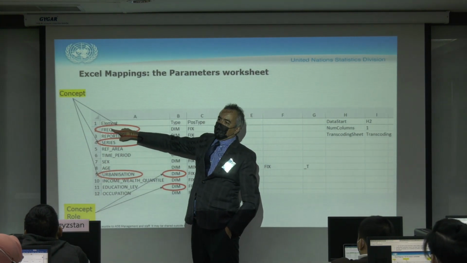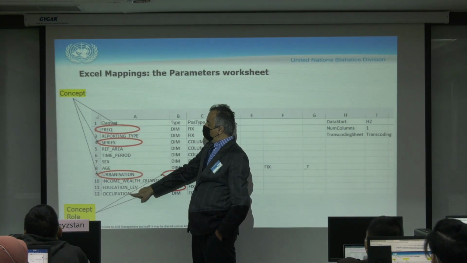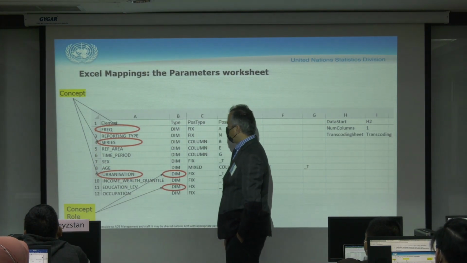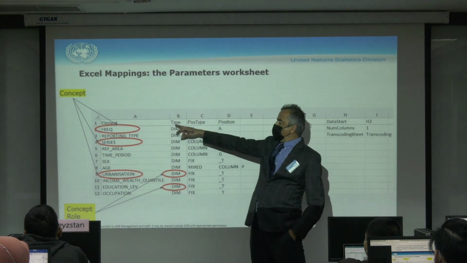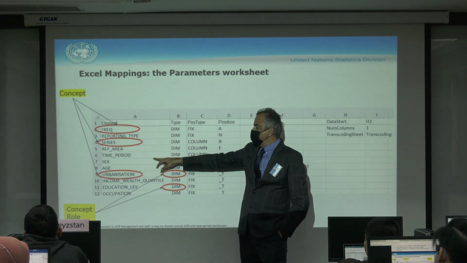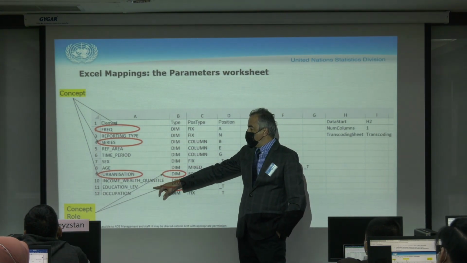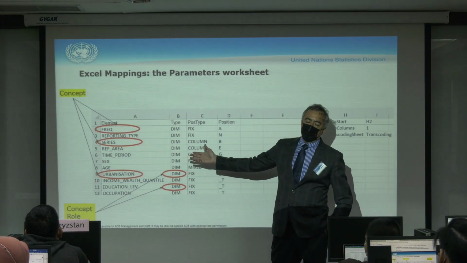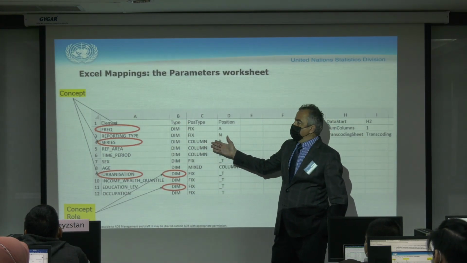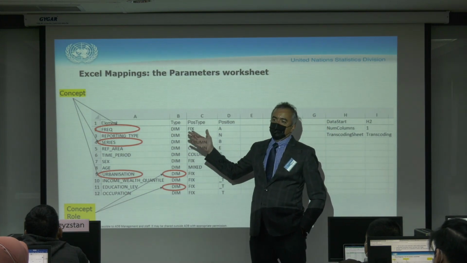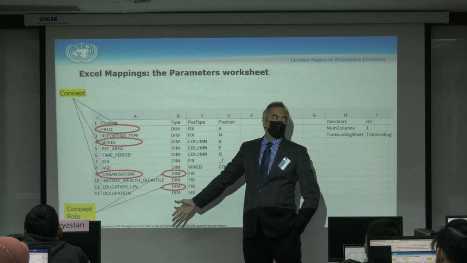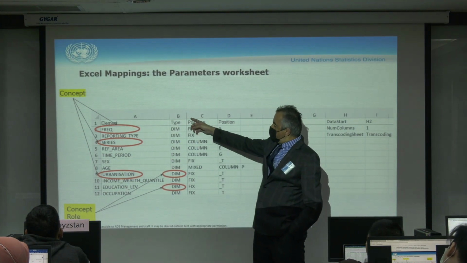A column named element has a list of concepts: reporting type, series, reference area, time period, sex, age, income, wealth, education level, occupation. This is a parameters worksheet from an SDG data set, so you have SDG concepts here.